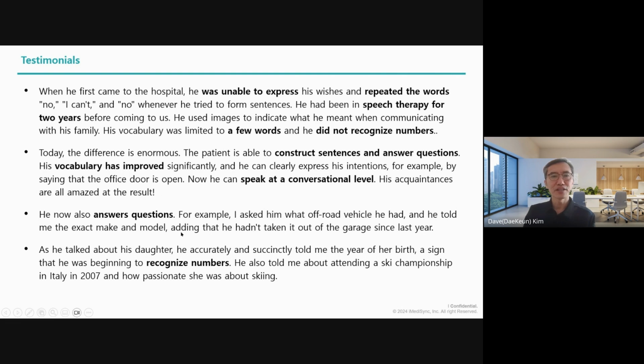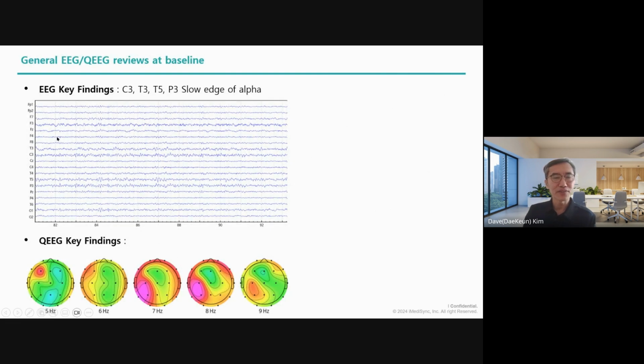So we can go to the EEG findings first. The EEG has an amplitude and frequency relation. Slow frequency usually has larger amplitude, and higher frequency usually has smaller amplitude.